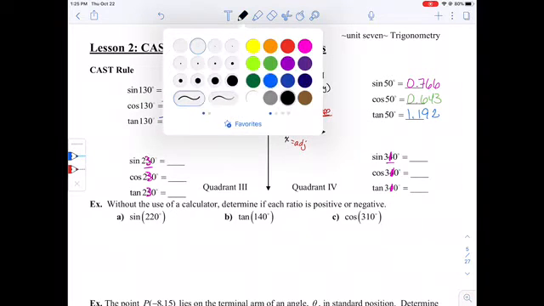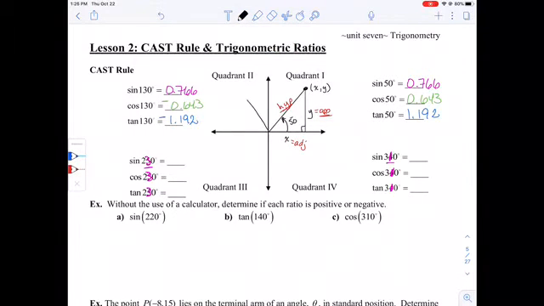So let's have a look at our second quadrant triangle, okay? And if I were again to draw a reference angle of 50 degrees here, that would mean theta is 130, okay? Because 130 plus 50 is 180, right?